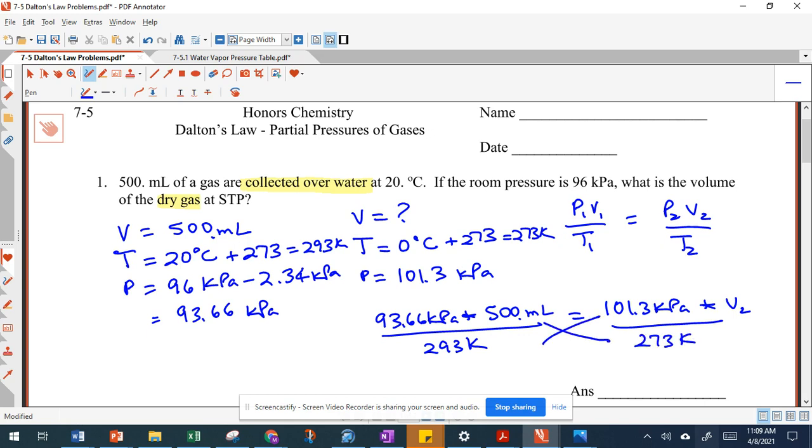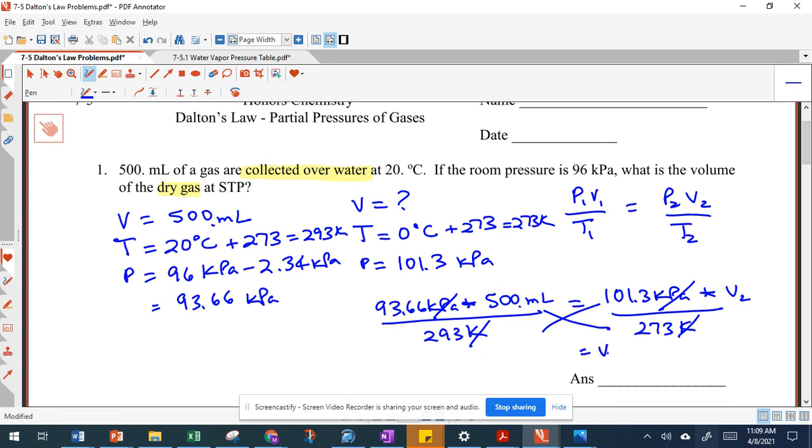Okay, so we're going to cross multiply, and you notice Kelvin's on both sides, so we can get rid of that. We have kPa on both sides, so we can get rid of that. And we're going to get V2 equal to 273 times 93.66 times 500, over 293 times 101.3.